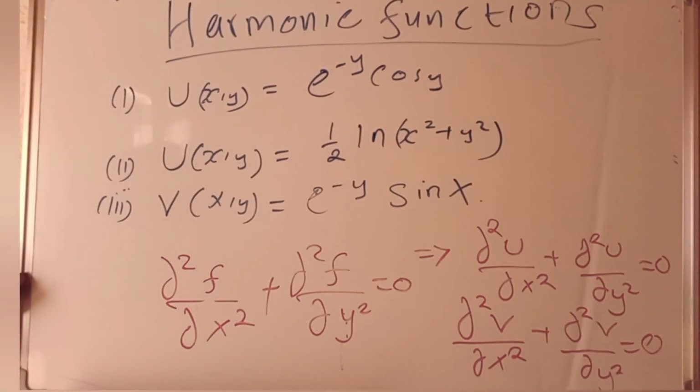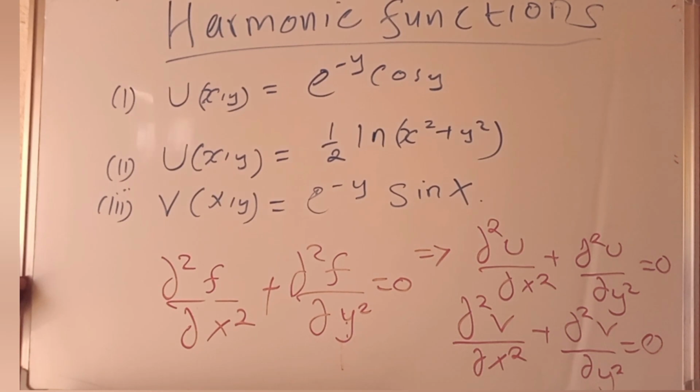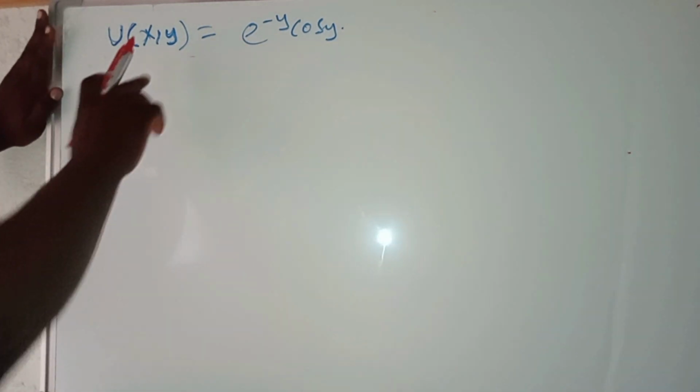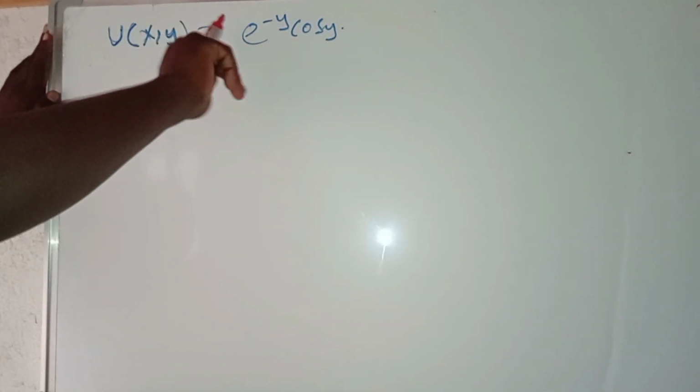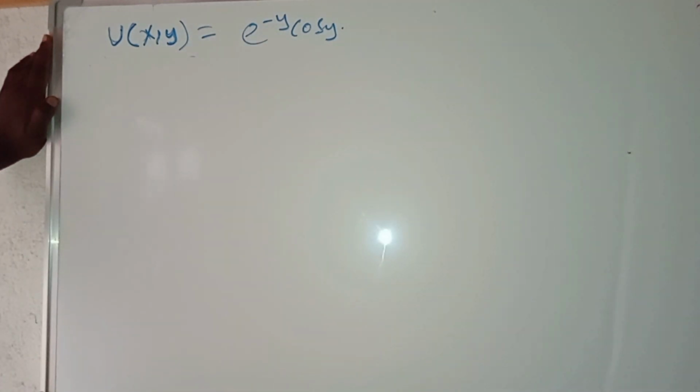So a function is harmonic if it satisfies either of these equations. So our example 1 will be: determine whether or not the given function u of x, y is equal to e raised to the power negative y cos of y is harmonic or not.